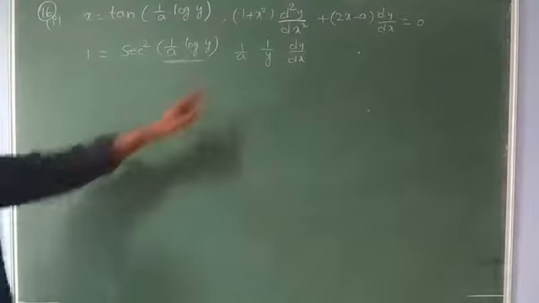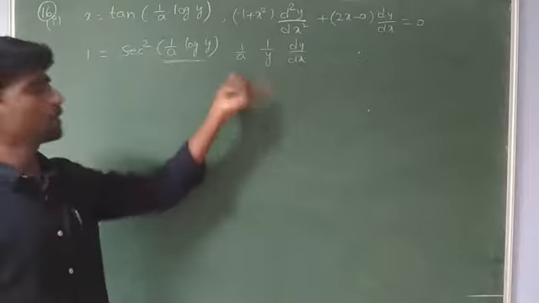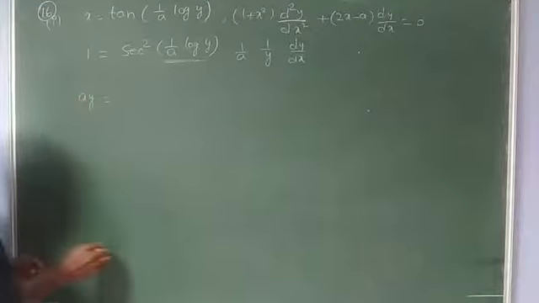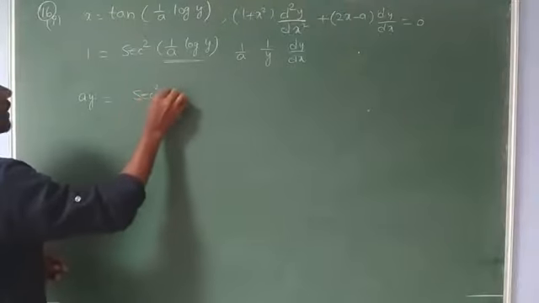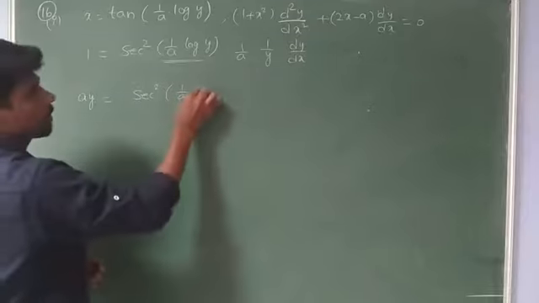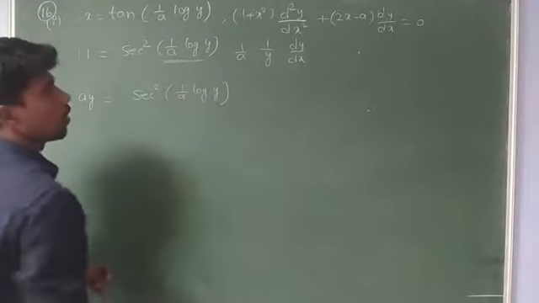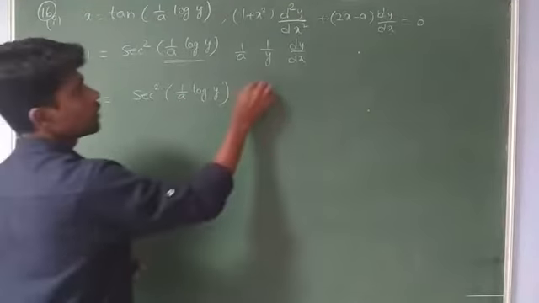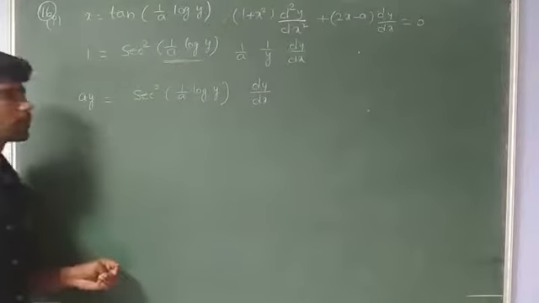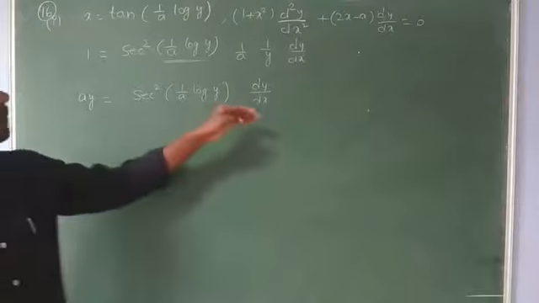Right. So I have a y in the denominator. Just I transpose to the left side, what I get? a into y equal to secant square 1 by a into log y into dy by dx.